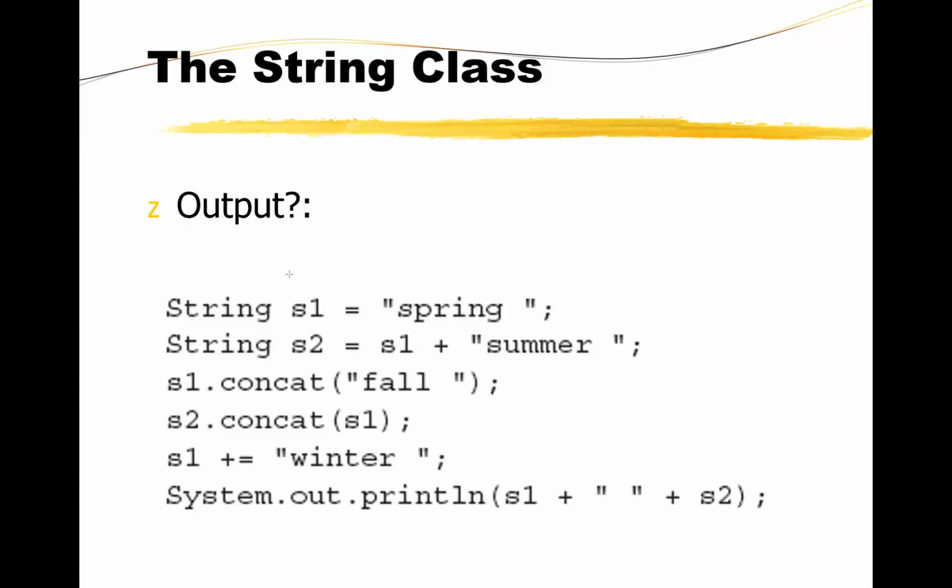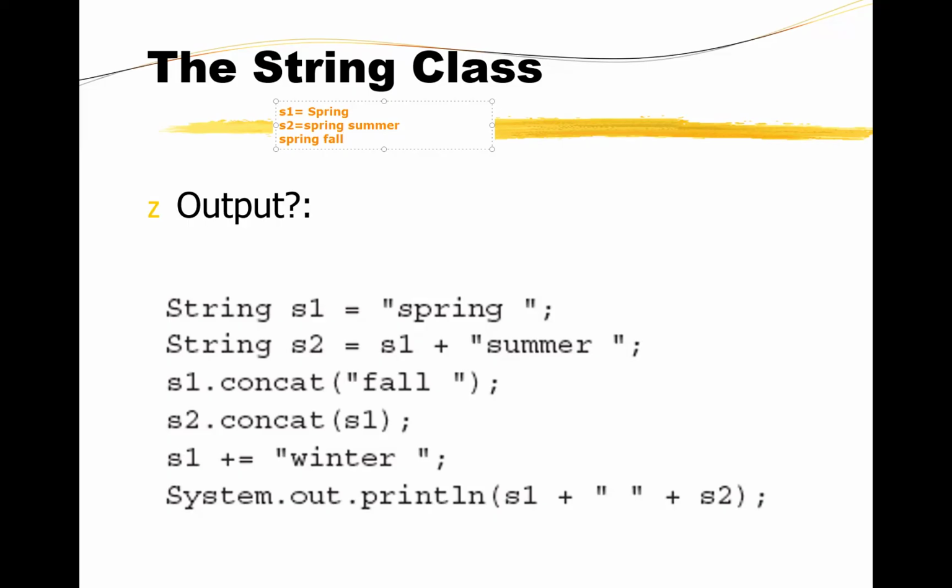When you call s1 equals spring, what happens? Now s1 is referring to spring. And thereafter s2 equals s1 value, which is spring, and then space summer: spring summer. And then s1.concat fall would create a new object, spring fall, but no reference variable is there.